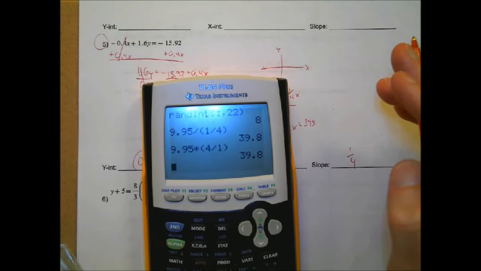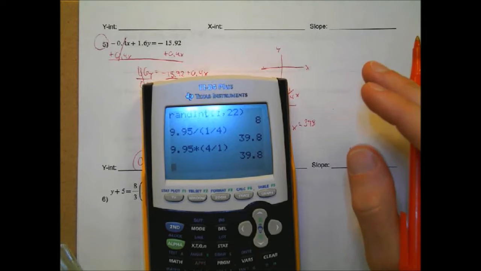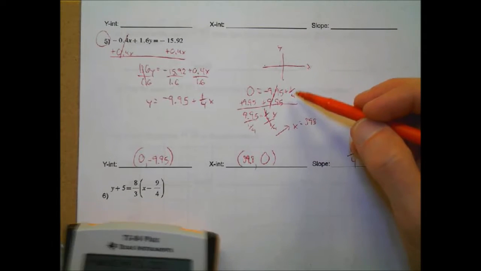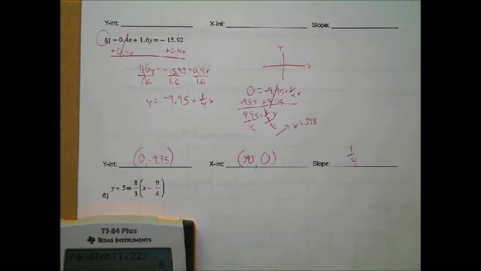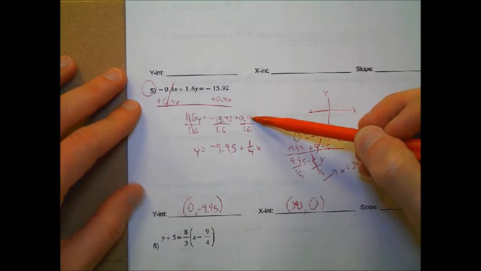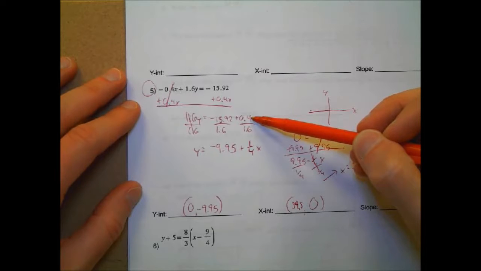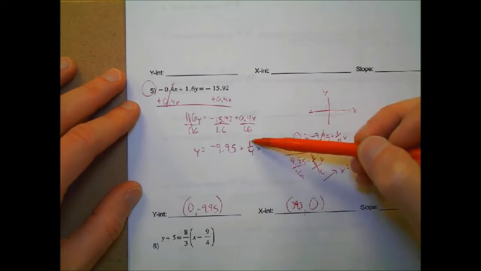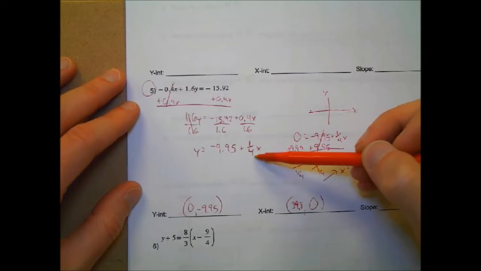Ah, so not 0.4. The fraction is 1/4. 0.4 is not the same fraction as 1/4. So I think you had just the wrong fraction written down or something like that. Okay, so how did you do the fraction? Back up here when Dylan had to solve for y, 0.4 divided by 1.6 gives you 1/4 or 0.25. That was 0.25.